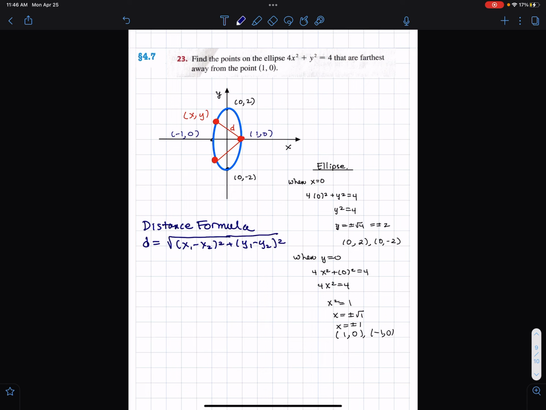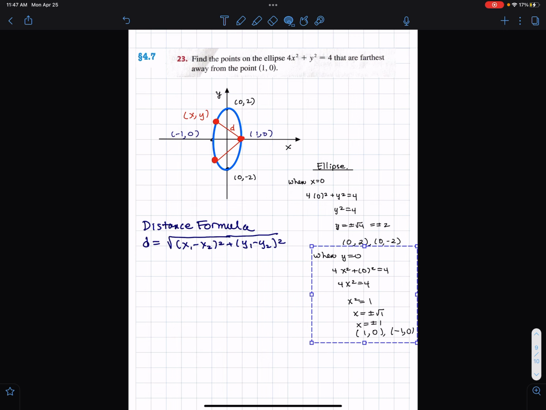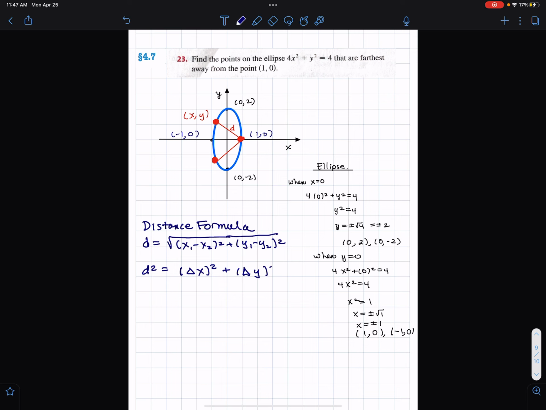I am going to square both sides to make the problem easier, and I have d squared equals (x1 minus x2) squared plus (y1 minus y2) squared. Just to make that formula easier, I like to write x1 minus x2 as delta x, and y1 minus y2 as delta y.